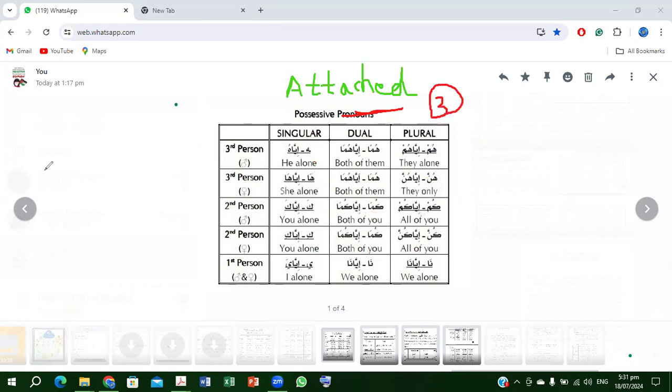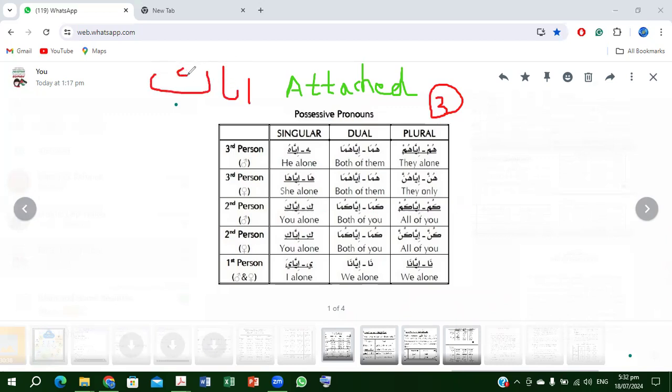Now they are attached to possessive pronouns. This is also a possessive pronoun, but you can see it is attached with iya. Now we have seen that the pronouns are attached either to a verb or to a noun. Sometimes we want to bring pronouns in the beginning, and the example is iyyaka na'budu wa iyyaka nasta'in.